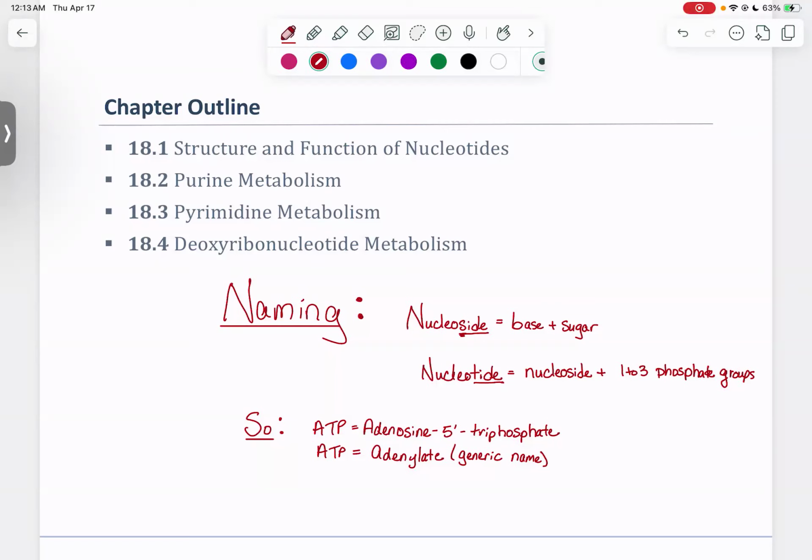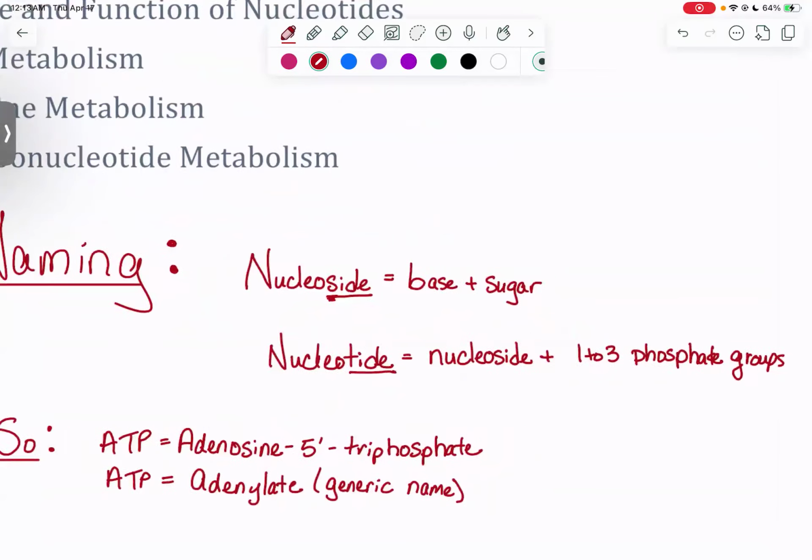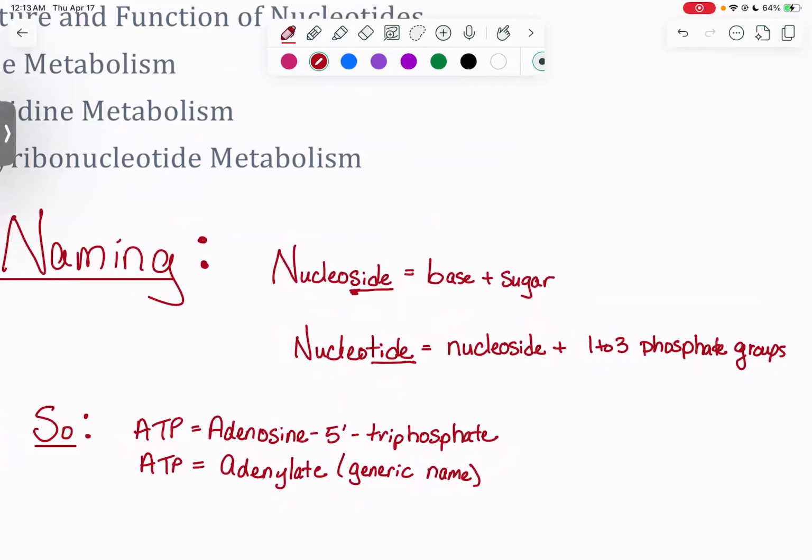I want to remind you guys about nomenclature. If we call something a nucleoside, we're talking about just the base and the sugar. If you call something a nucleotide, that's the nucleoside, which is the base and the sugar, and then we're going to add to that 1 to 3 phosphate groups.